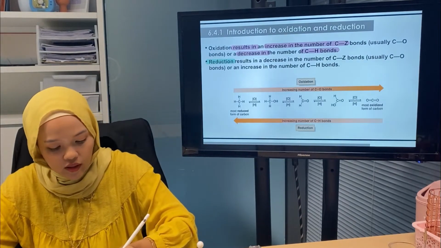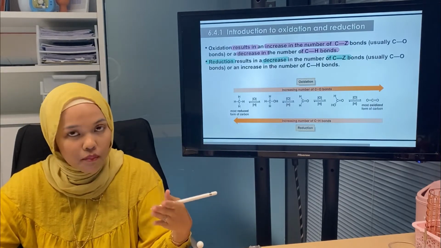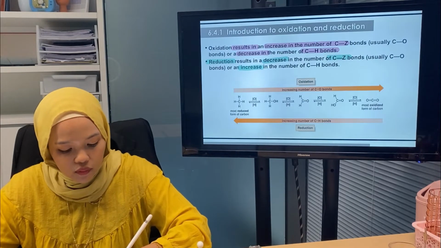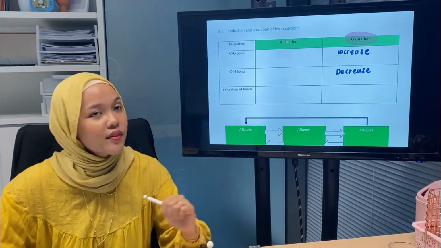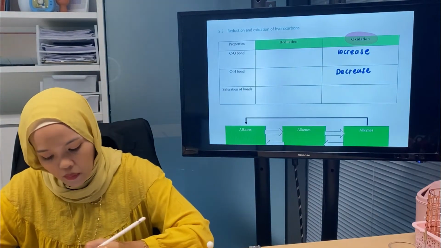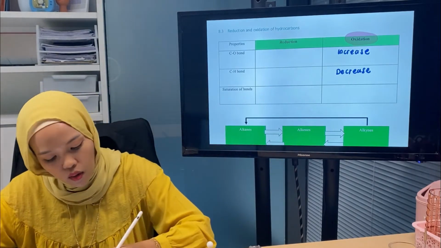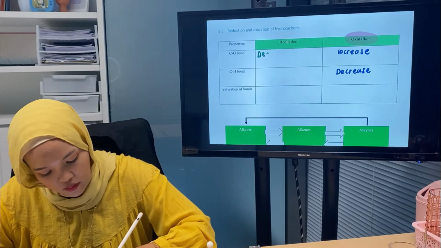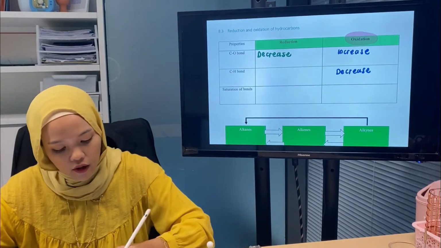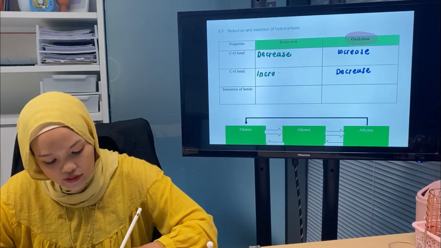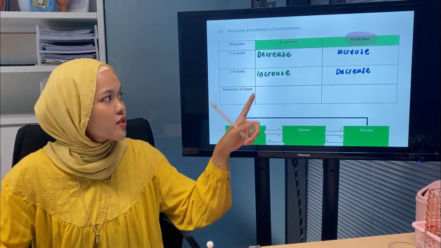It will decrease the carbon-Z bonds, or mainly carbon-oxygen bonds, and it will increase the carbon-hydrogen bonds. So these are the properties of a reduction reaction.